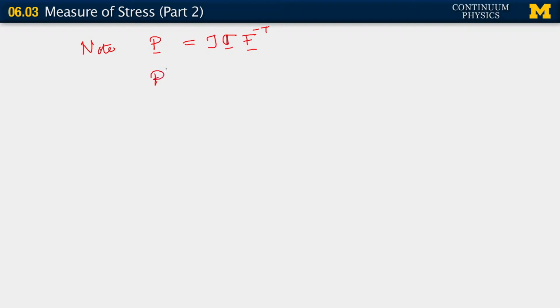What this implies is that P transpose equals J F inverse sigma transpose. Which is J, which is a scalar, F inverse. Now sigma transpose is sigma. However, in general, this is not equal to sigma F inverse transpose. So P is not symmetric.